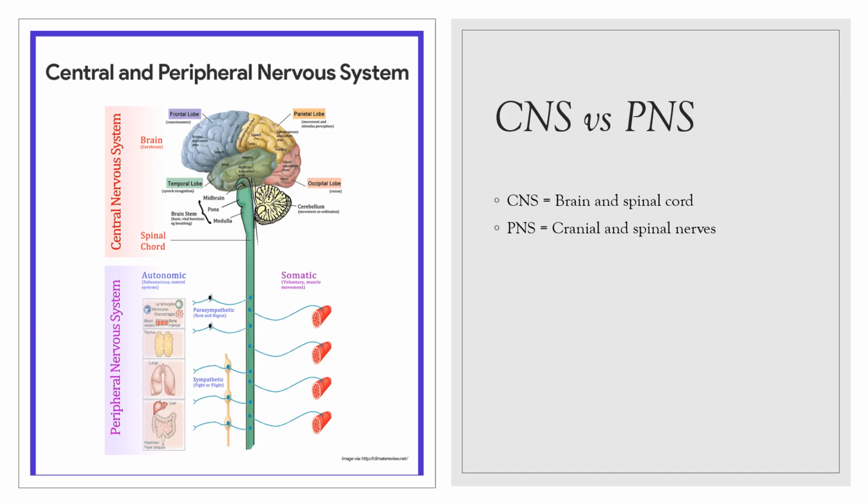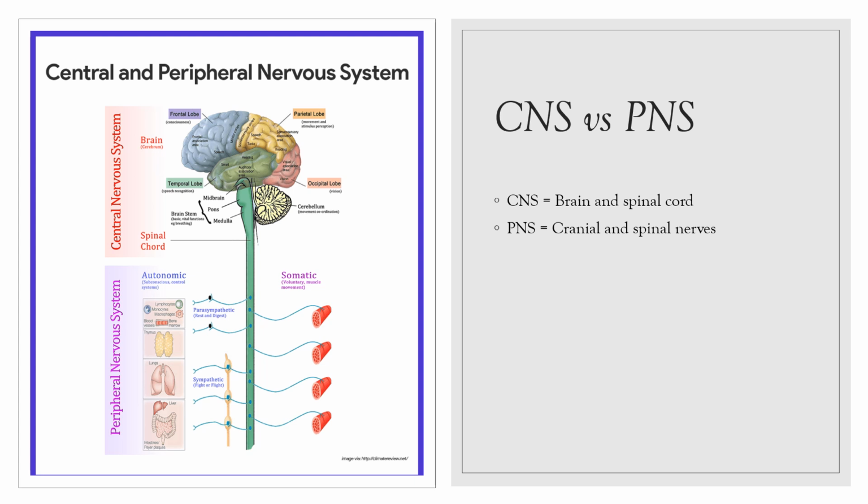So we're going to start off by looking at the central nervous system and the peripheral nervous system. Your central nervous system, or your CNS, that's the brain and the spinal cord, and you can see in this picture how it's kind of sectioned off. You see the brain and the spinal cord at the top. That is your CNS, and then your peripheral nervous system, or your PNS, that is your cranial nerves and your spinal nerves.